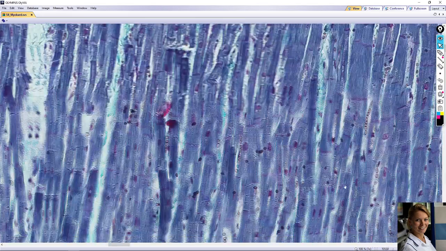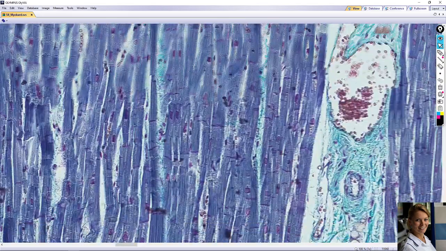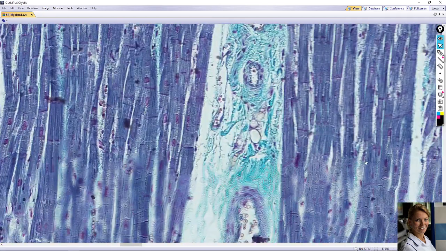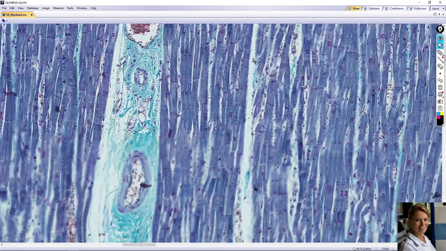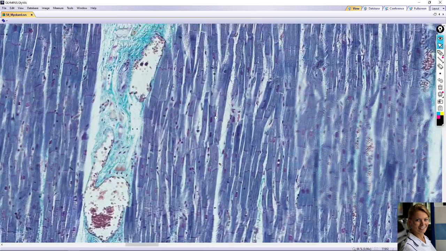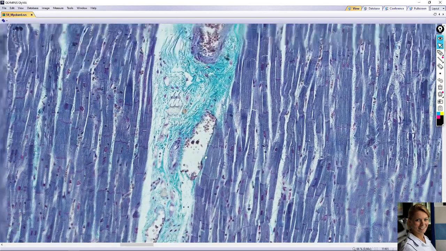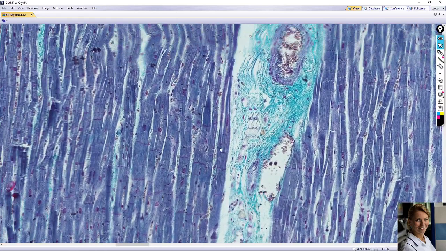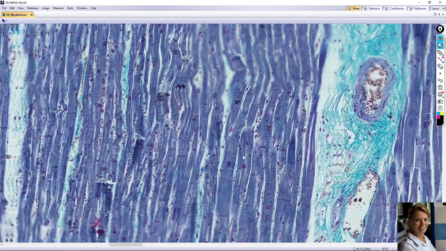But be careful in the identification of capillaries or erythrocytes and lipofuscin.